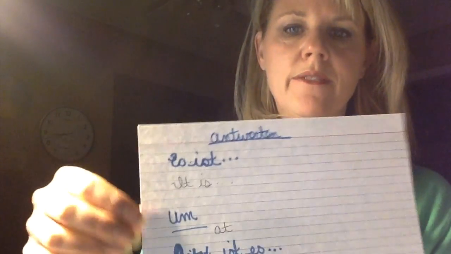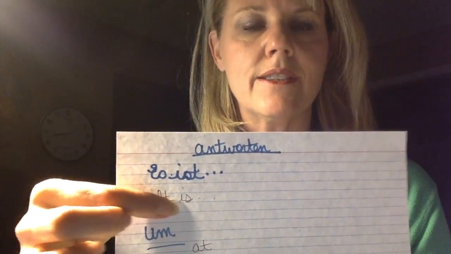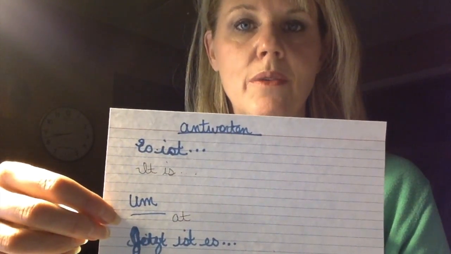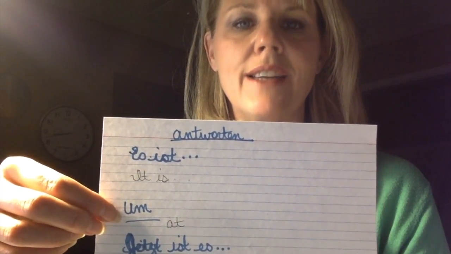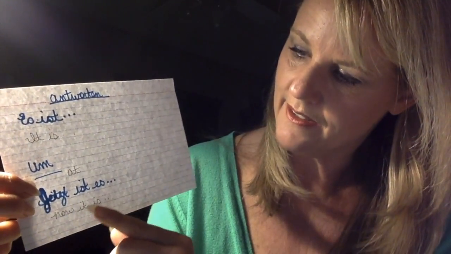To answer one of these questions, wie viel Uhr ist es? Es ist, it is, and then your time expression. If you want to say when it begins, um, at. Or you could say, es ist, now it is.